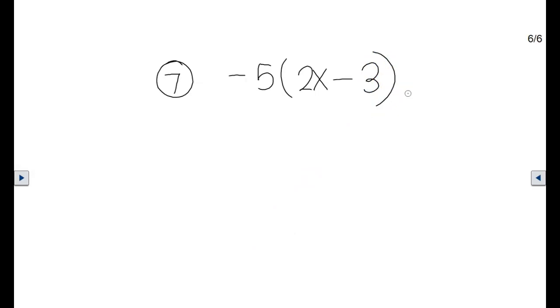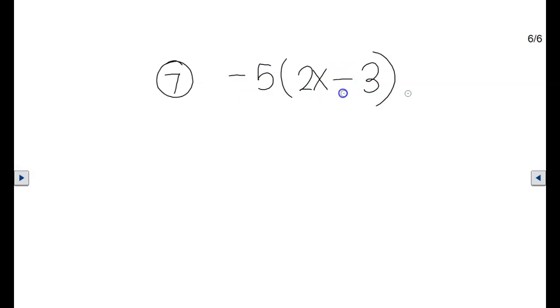Pause the video, try this one, and then unpause and watch the solution. All right, so this problem is asking you to take the number -5 and multiply it by the group 2x minus 3.